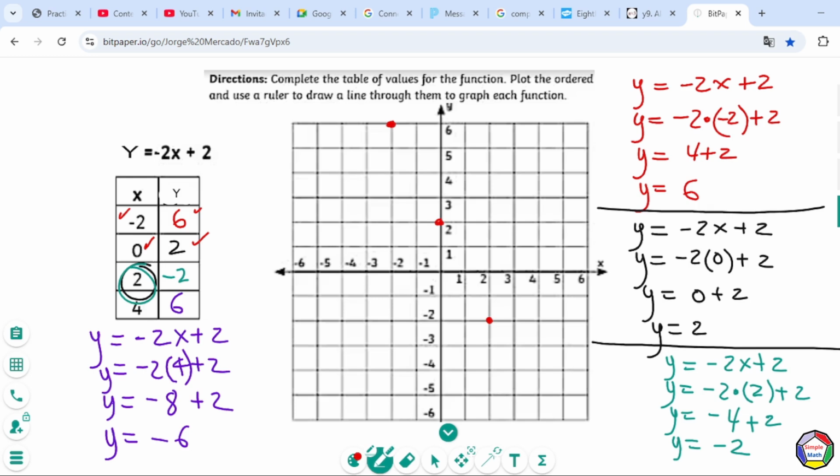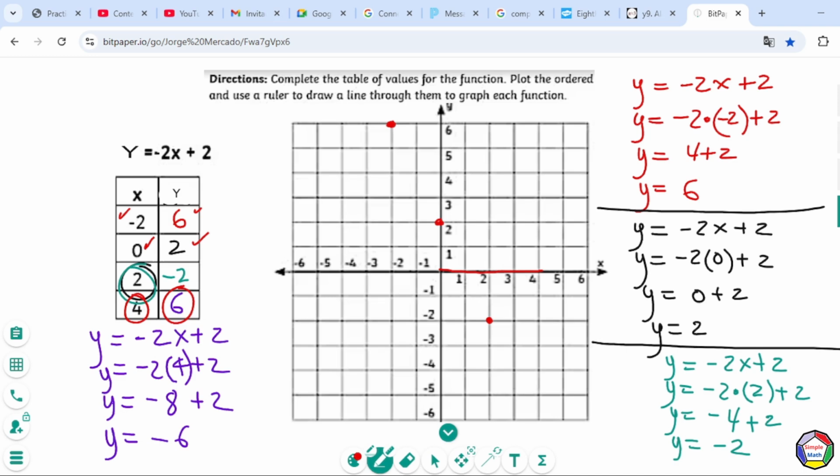And then finally, if x is 4, y is going to be 6. Wait. If x is 4, y is minus 6.